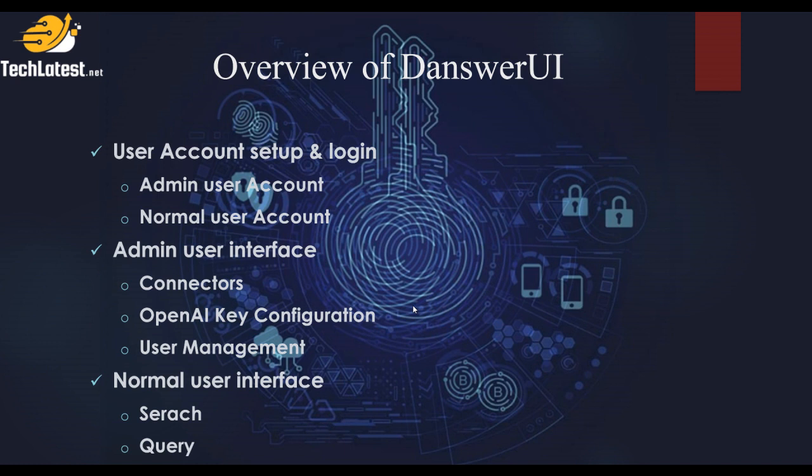You can integrate Dancer with various third-party apps like GitHub, Jira, Notion, Slack. You can find the admin settings, the user interface, the normal user interface, generative AI settings, Slack bot integration and other stuff.